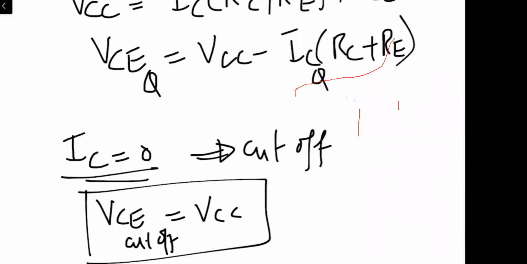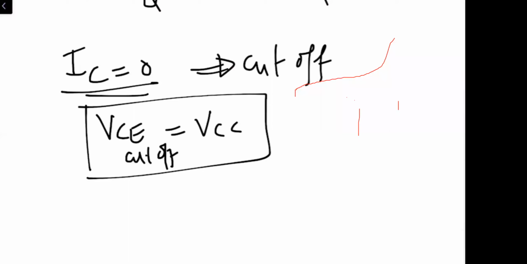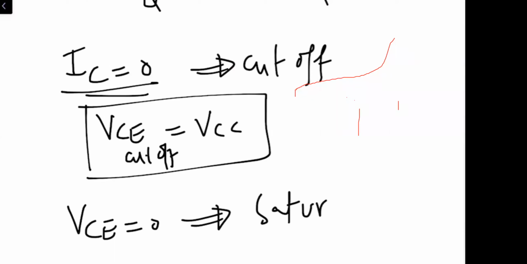And similarly, if I put the value of VCE equal to 0, I go into the saturation region, right?